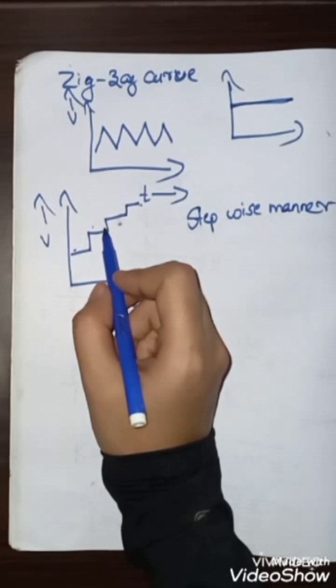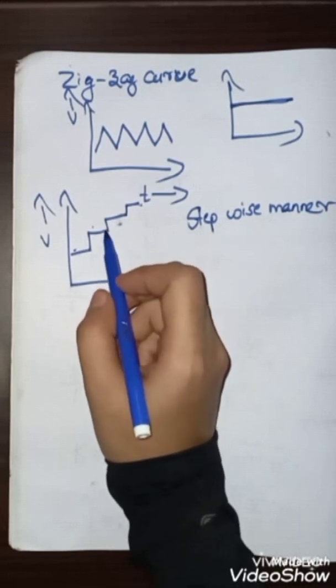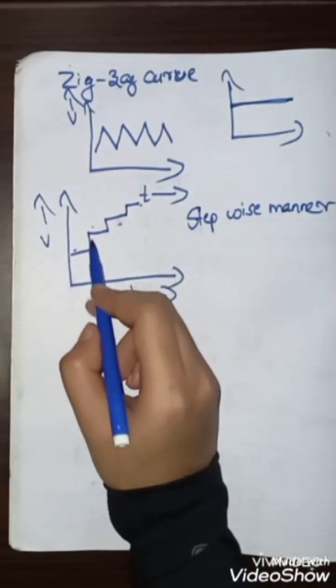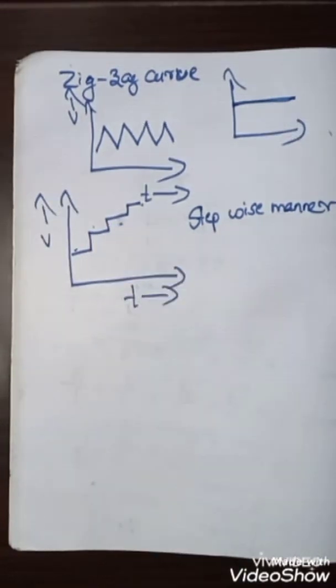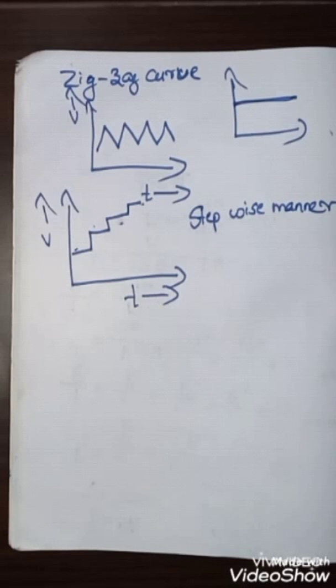Here the acceleration changes alternately. These are all about the velocity time graph. Here we discussed the velocity time graph of a body moving with constant speed, the velocity time graph for uniformly accelerated motion, and the velocity time graph of non-uniform motion.